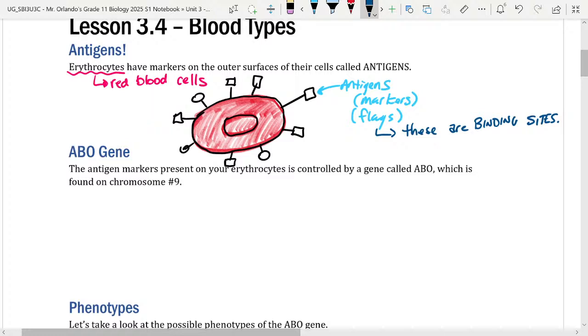Now, as you recall, on chromosome number 9, we have a gene. I'm going to draw chromosome number 9, not in its duplicated stage, because why would we? There's chromosome number 9, and right here is the ABO gene.